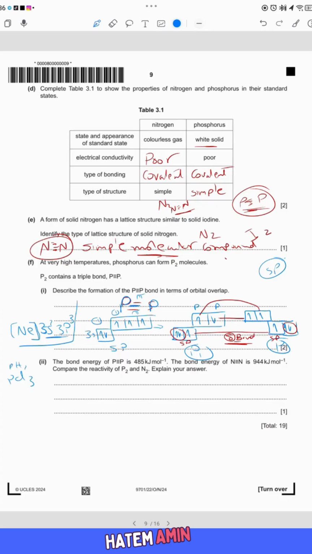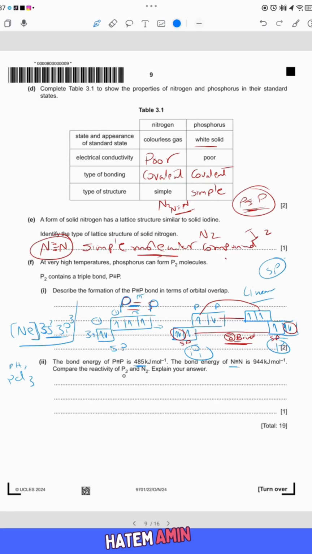So the summary here: sp hybridization gives us a linear shape. The question is: the bond energy of P≡P is 485 kilojoules, and the bond energy of nitrogen is 944 kilojoules.